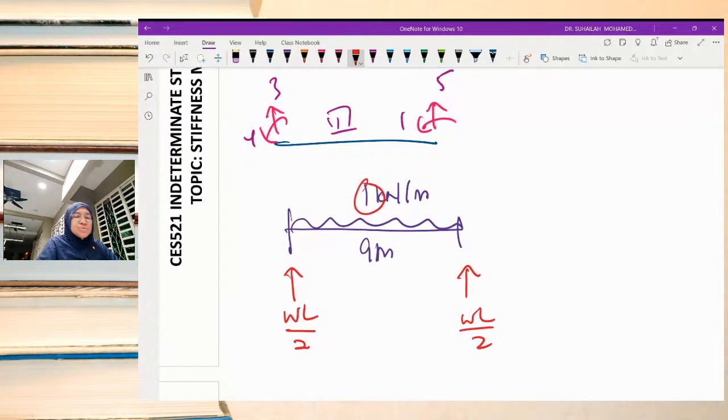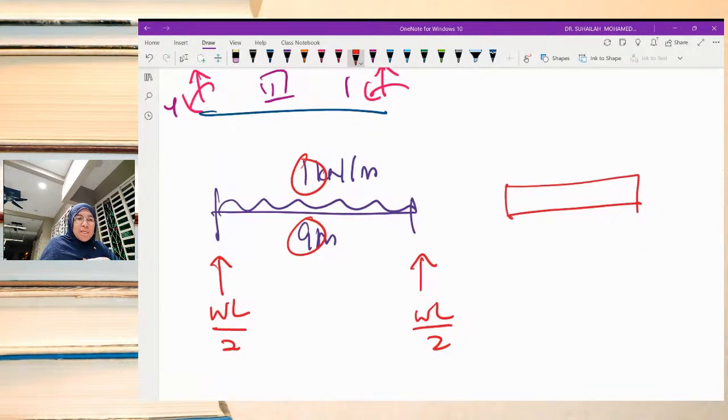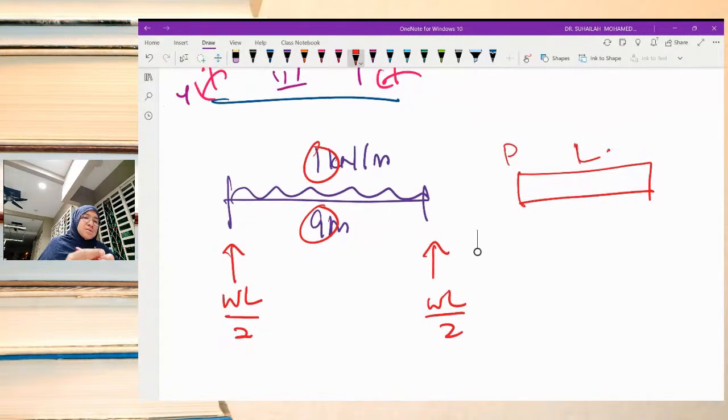This is W, this is L, and the UDL loading is like a rectangle, so it becomes W and L. The point load is W times L, not P, and it is located at the center.